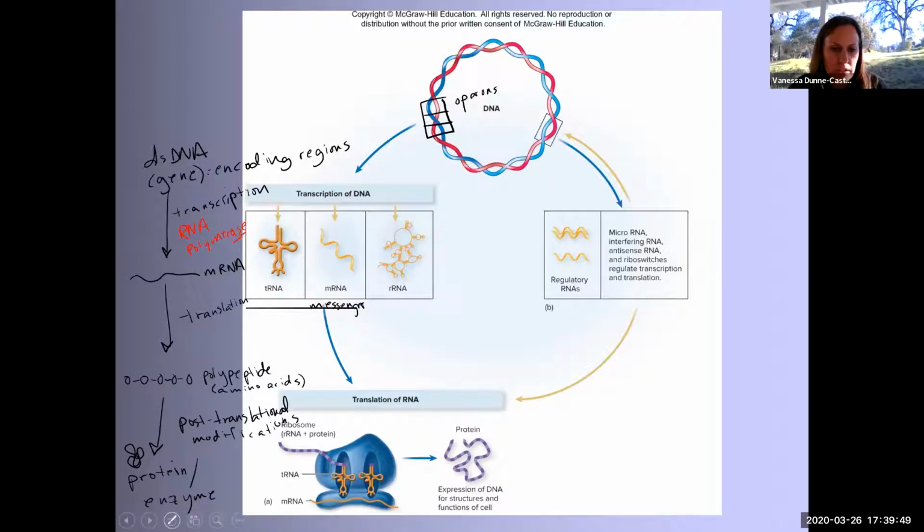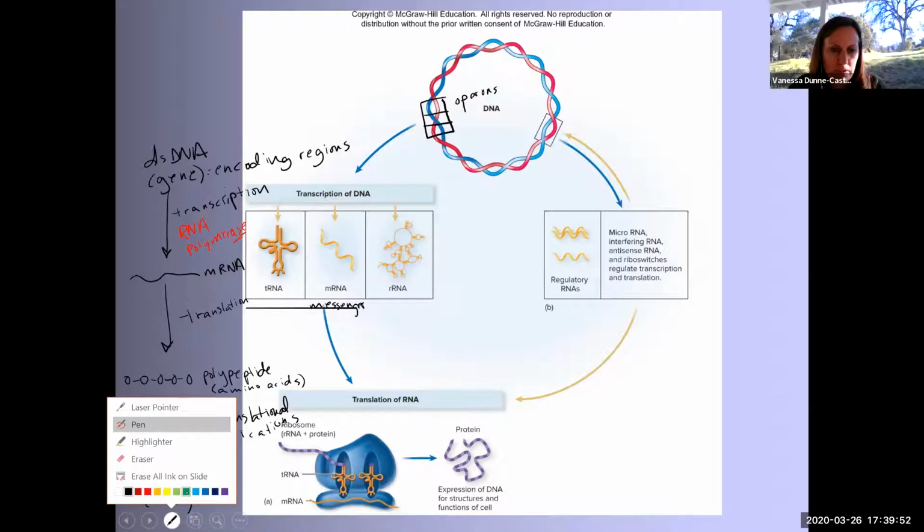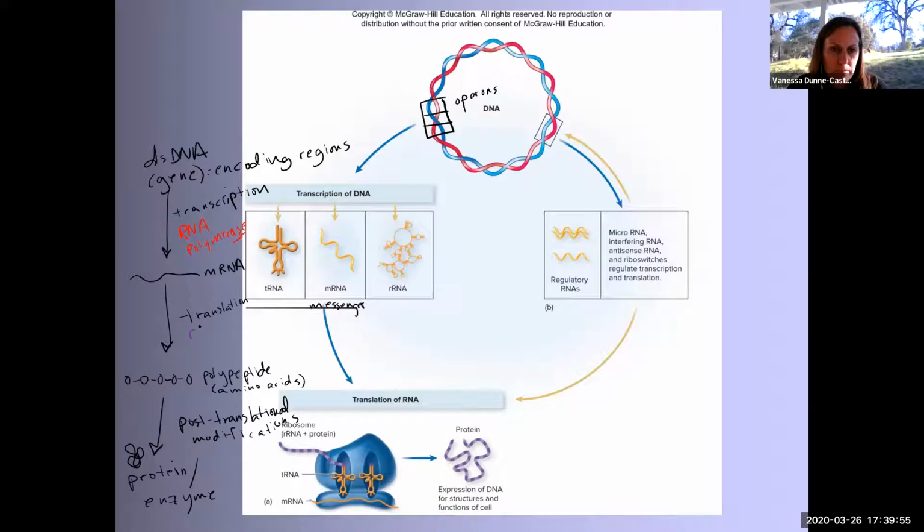And the machinery involved in translation are all those that you see in this picture here. So we have our ribosome or ribosomal complex, which has both the ribosomal RNA, this is the small subunit of this complex, and then we have the large subunit of this complex.